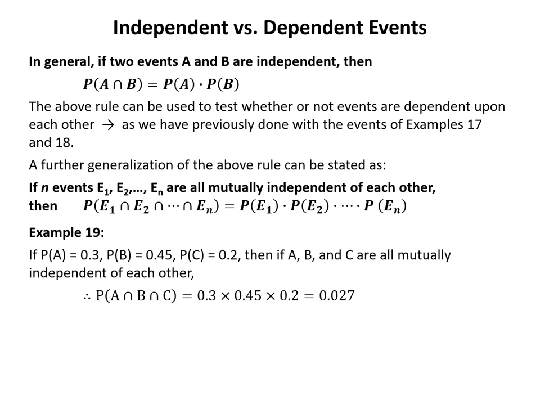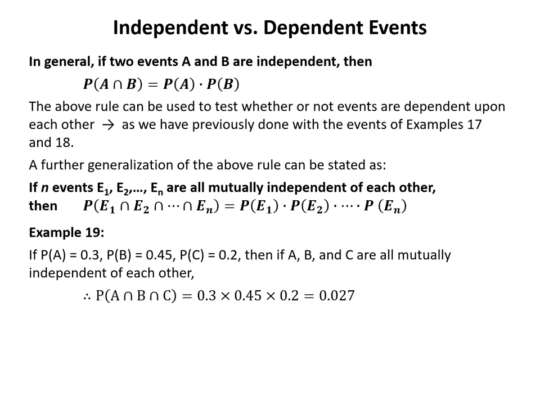If n events, E1, E2, all the way up to En, are all mutually independent of each other, then the probability of the intersection of all these events is simply equal to the product of the individual probabilities of each event. In example 19, we have the probability of event A equaling 0.3, the probability of event B equaling 0.45, and the probability of event C equaling 0.2.